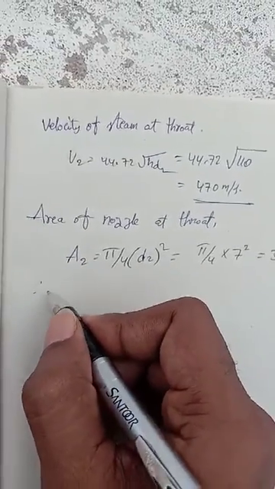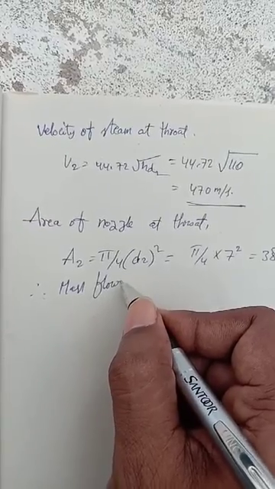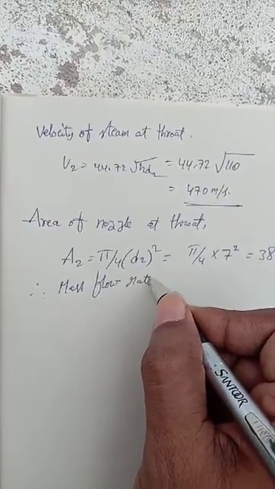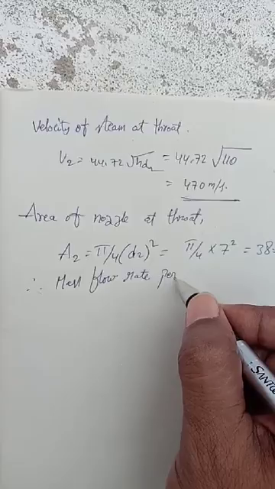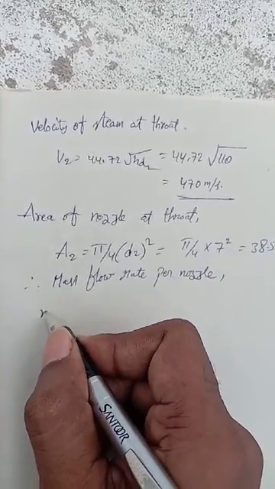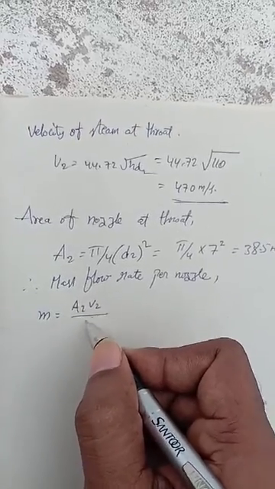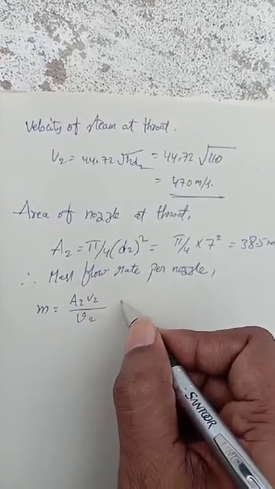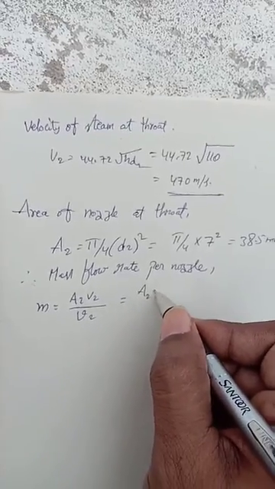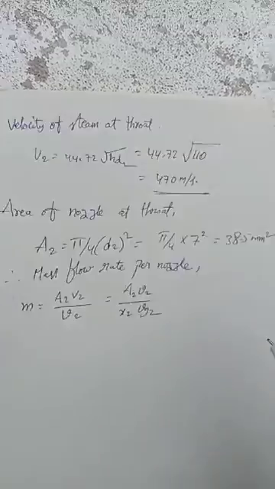Now, therefore, the mass flow rate per nozzle: m is equal to A2 V2 divided by small v2, that is equal to A2 V2 divided by x2 Vg2.